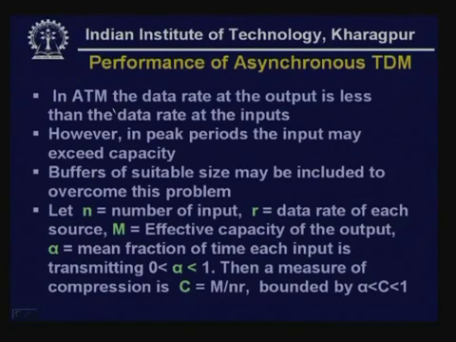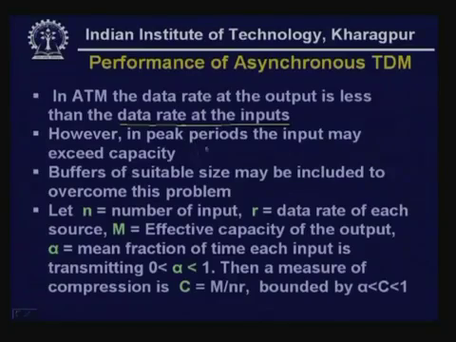In asynchronous time division multiplexing, the data rate at the output is less than the data rate at the inputs. We have seen that the data rate at the inputs is higher than the data rate at the output. How? Because the inputs are not always sending data. However, in peak periods the input may exceed the capacity.